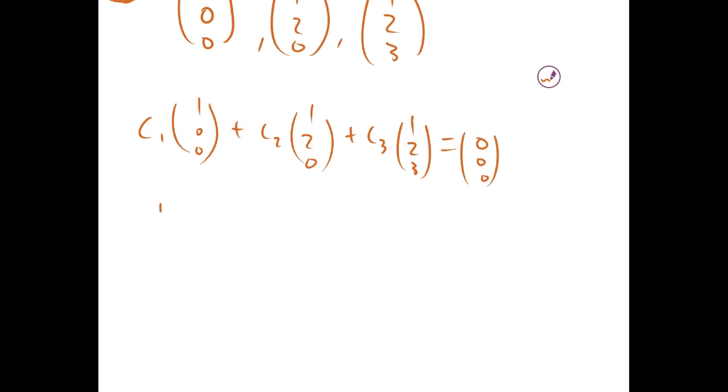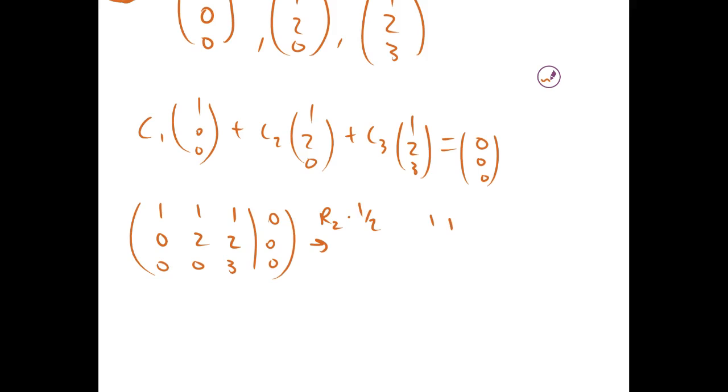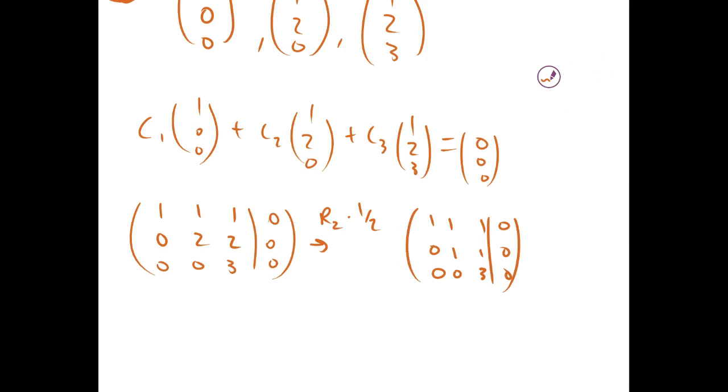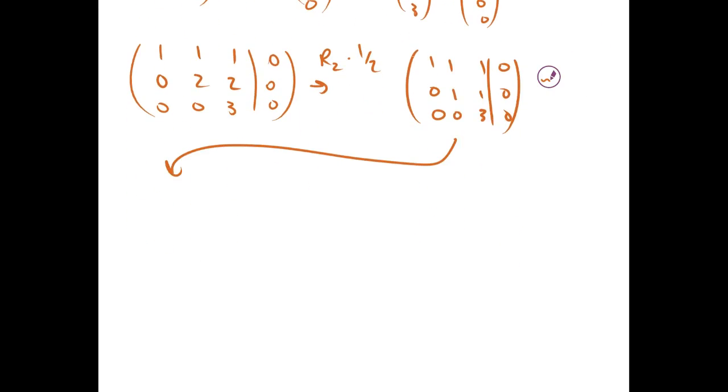So we can put this in matrix form. And we can row reduce, so multiply our row 2 by 1/2. Then we can subtract R2 from R1.